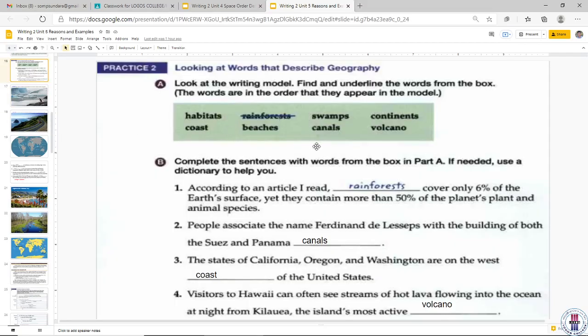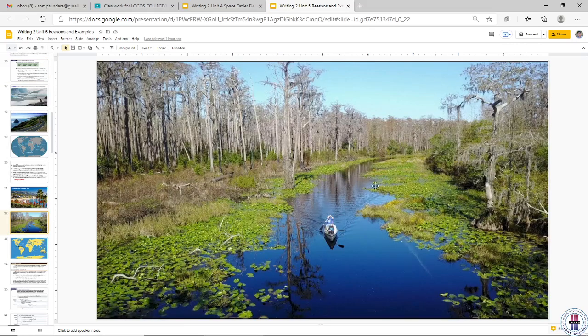Rainforest, you should know. Swamps, you might not know what a swamp is. This is a swamp. It's a very low-lying area, with dead trees, plants, a lot of alligators, mosquitoes, bugs. Right? It's not really deep water.